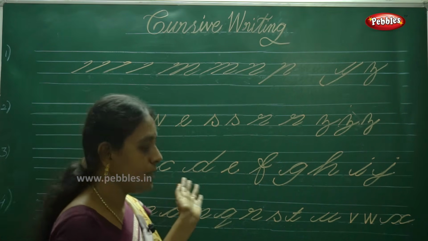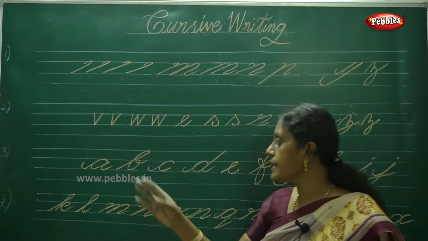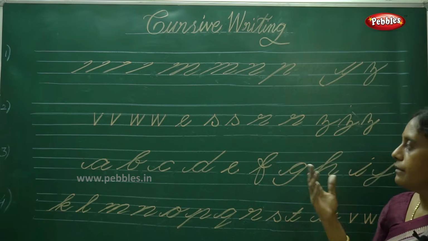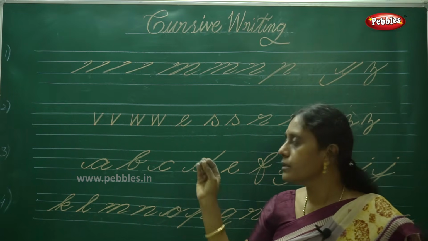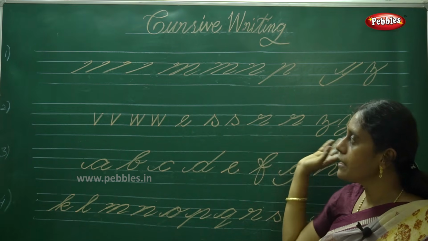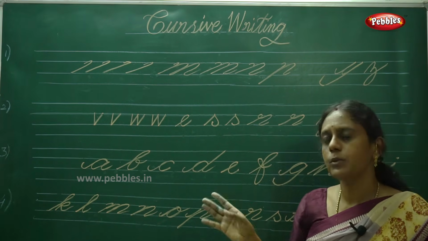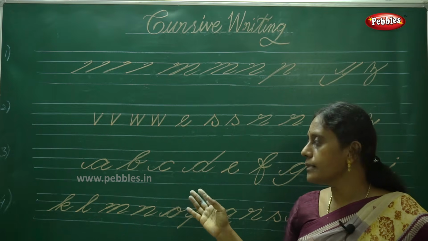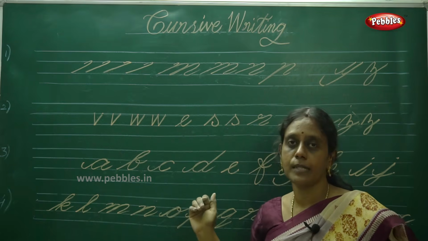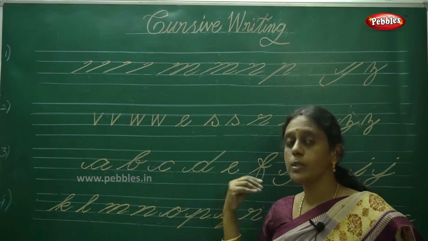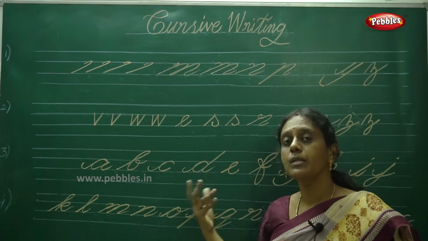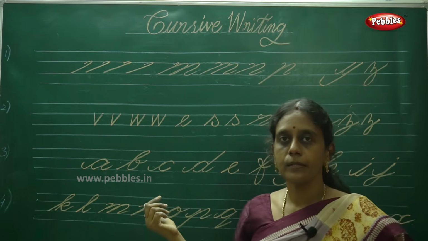That is how we form the alphabets A to Z from various kinds of basic simple strokes. So you have to draw the simple stroke and form the alphabets. It will make your handwriting very beautiful. Next we have to learn how to join one alphabet to the next alphabet. There are also some rules for that, which we will cover in the next chapter, double joiners. Okay children, thank you.